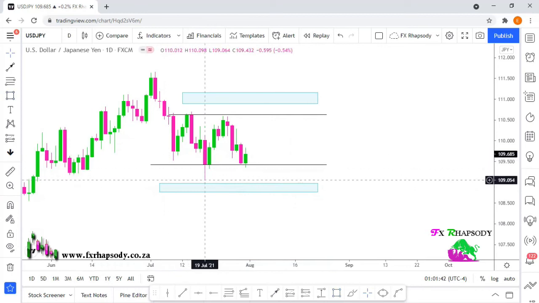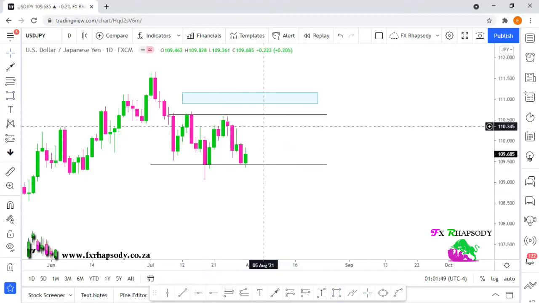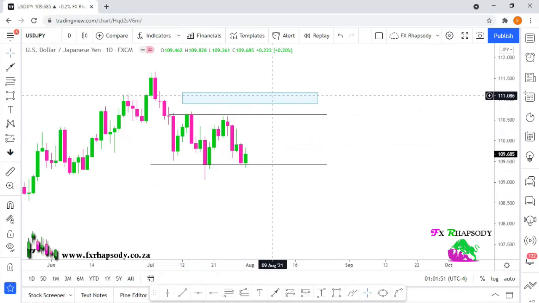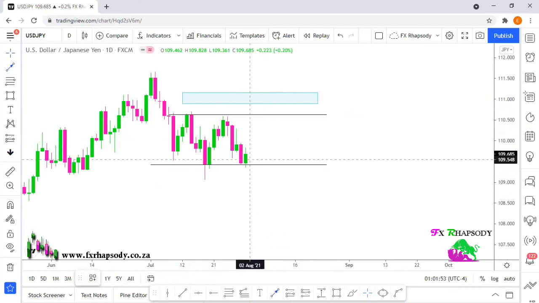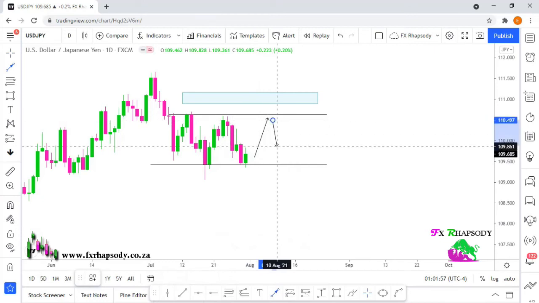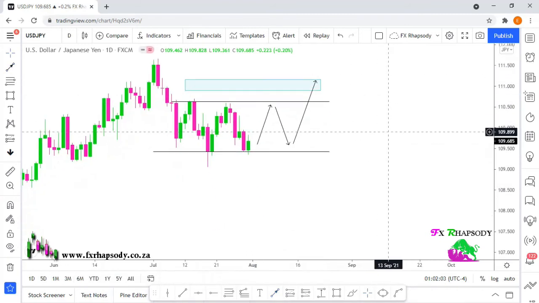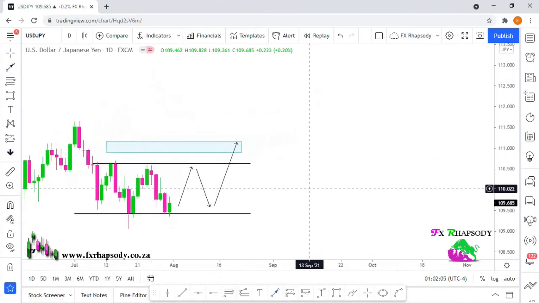But moving to the upside, we're not too concerned about the liquidity at the bottom. I'm more concerned about price going to tap this liquidity at the top. Currently I'm seeing price maybe consolidating a little bit more, and then pushing through that, going to tap out that liquidity. But again, we need more confirmation.